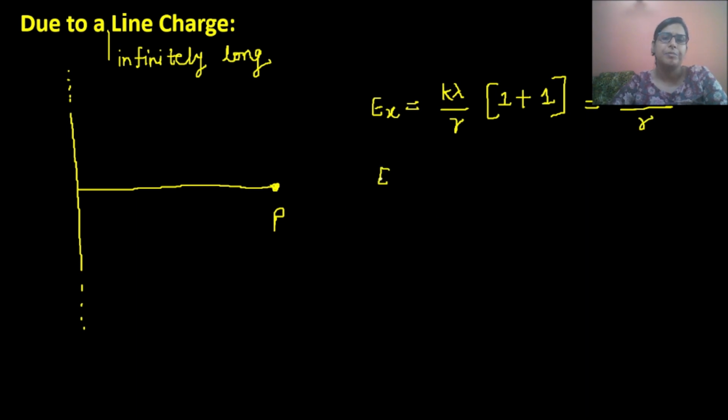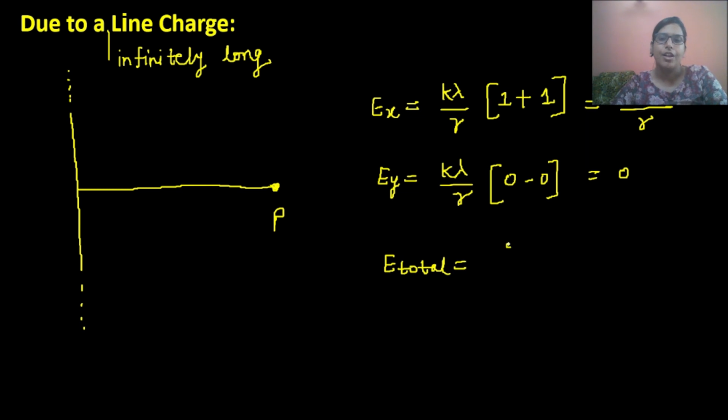Ey will be k lambda upon r, cos beta, correction, cos beta is cos 90, which is 0, minus cos alpha, 0. So this will be 0. That means E total will be 2k lambda upon r.